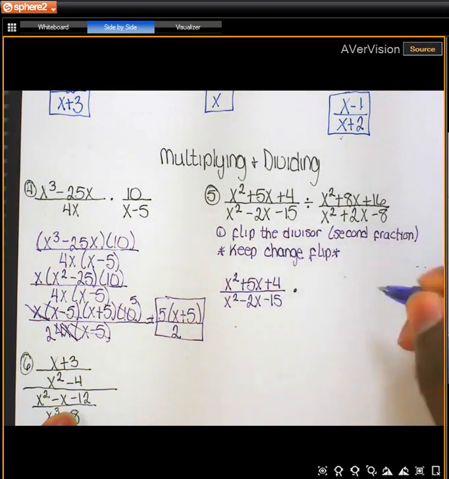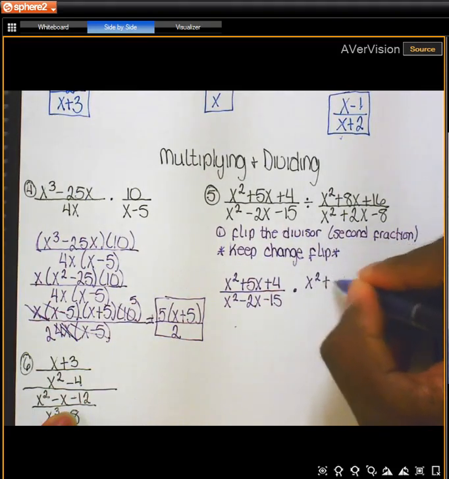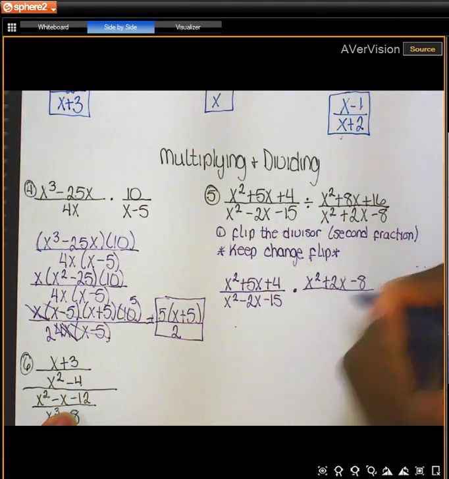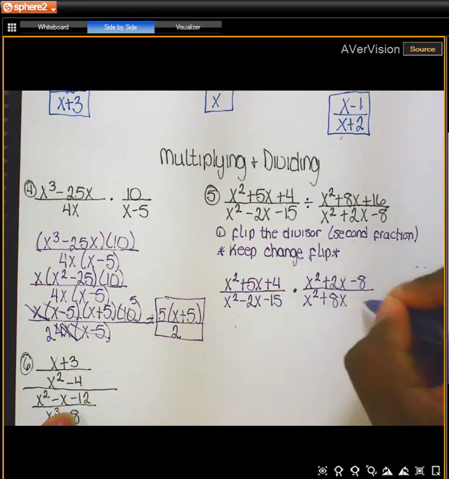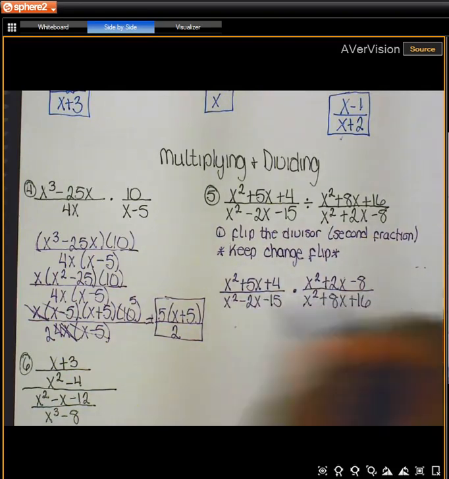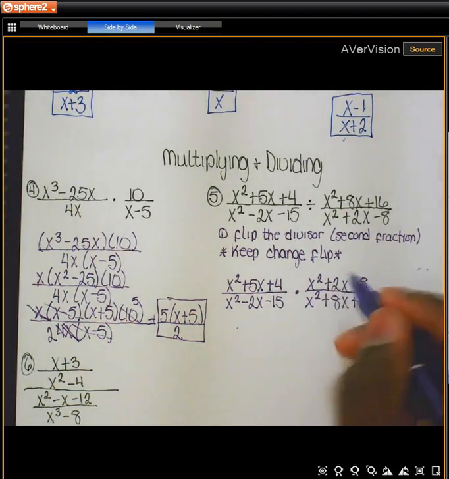We change it to multiplication and we flip the second one. All right. This is multiplication, so we can combine it under one fraction.